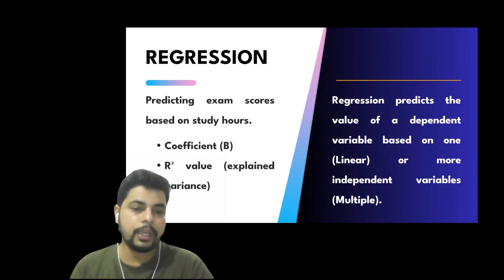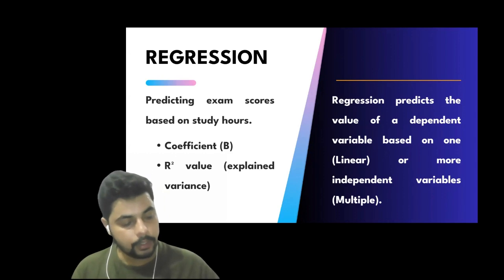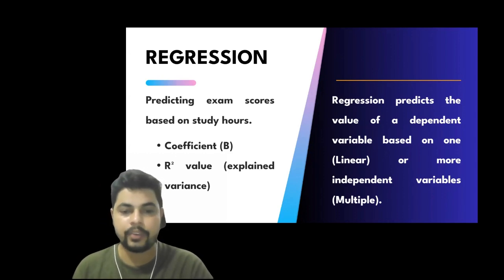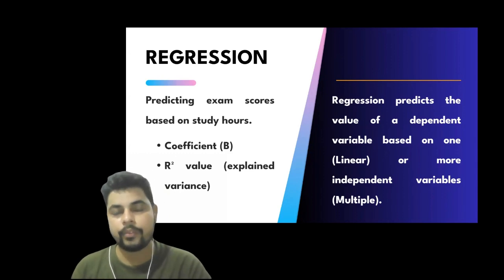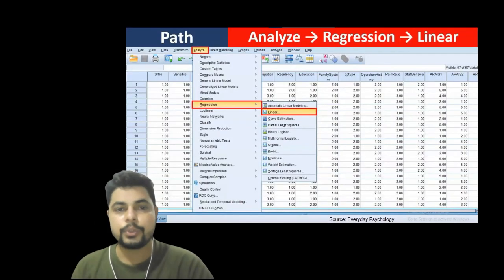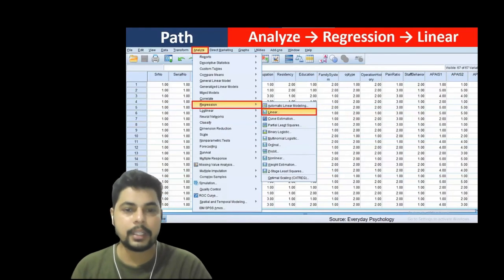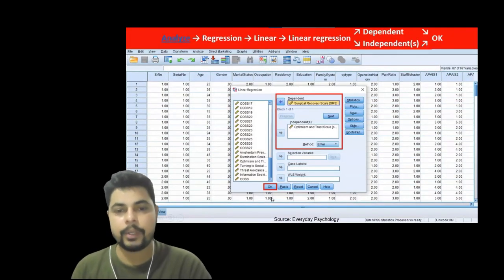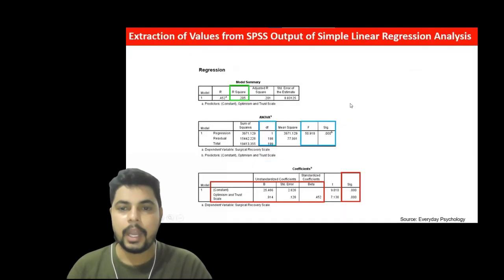In regression, we cover only two main things in the output: we see the coefficient values and the R square value, the explained variance. These are the values that we need to interpret for our results in the APA 7 format. So here is the pathway: Analyze, then Regression, then Linear. When we click on Linear, a dialog box opens, we select the dependent variable and add the independent variables, and then we get the results.